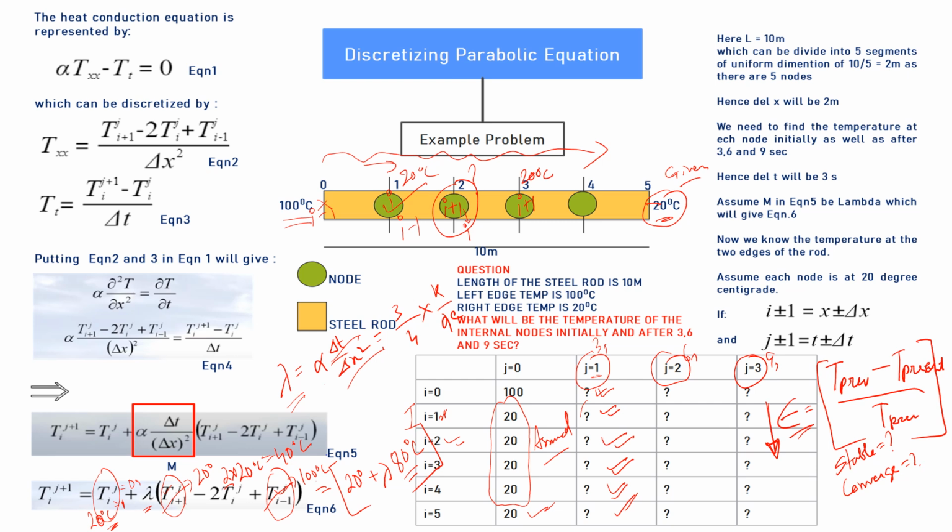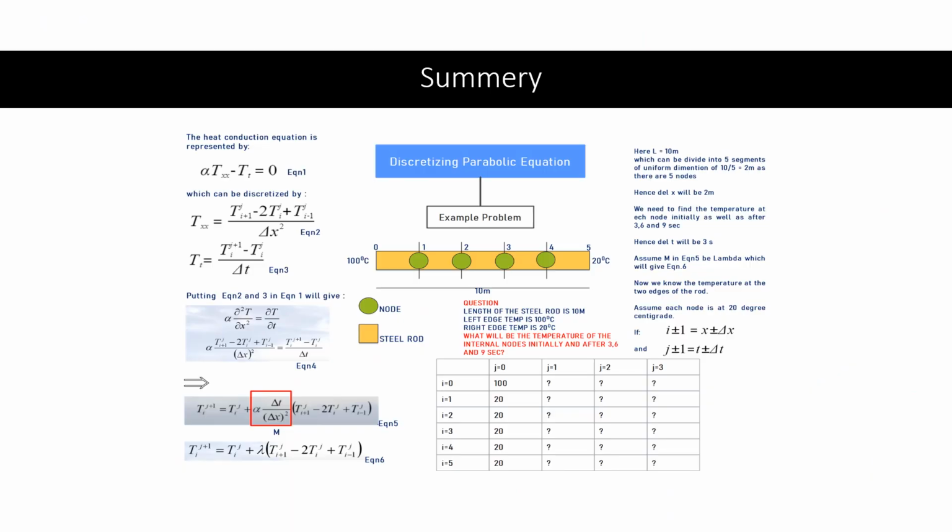So we may conclude this presentation. So in summary, in conclusion, what I want to say is our problem is we have to find the temperature at all these nodes for the steel rod where we have applied 100 degrees centigrade in this part.